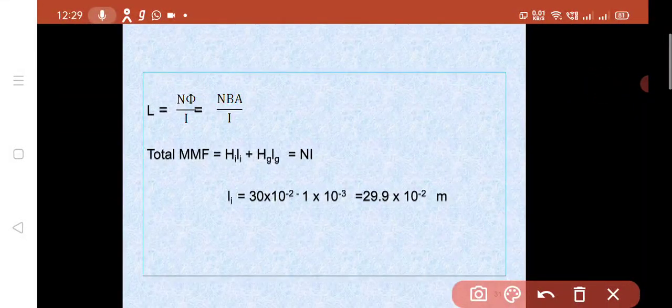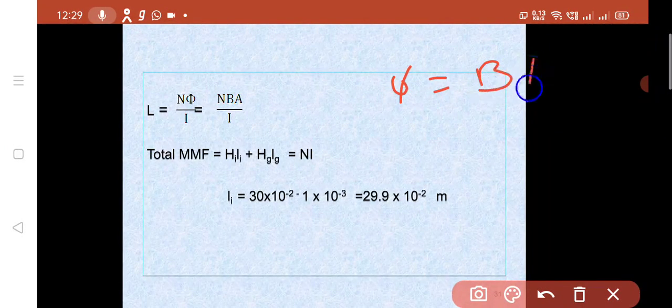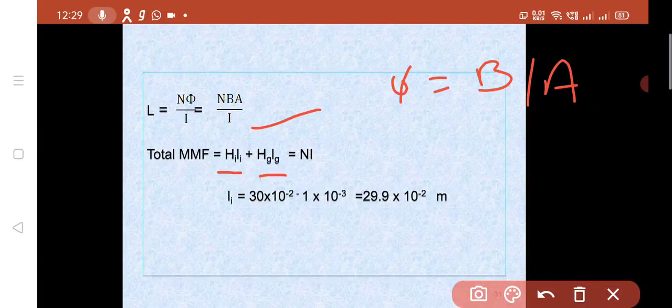Okay, now find out, first one is L. So L is equal to N phi by I. Phi is equal to B into A, so N into B into A by I. So total MMF is equal to Hi Li plus Hg Lg, which is equal to Ni.